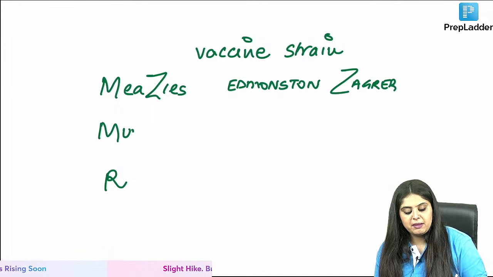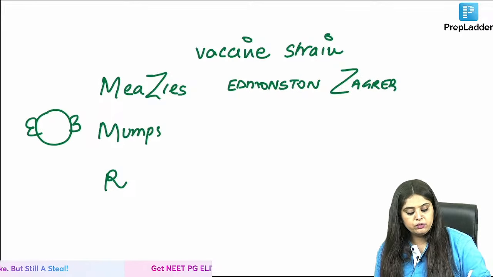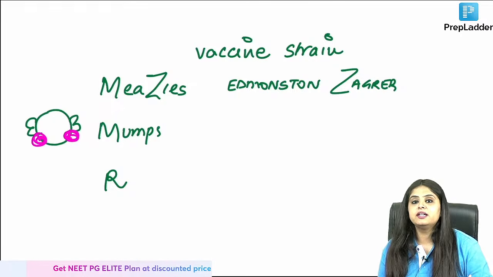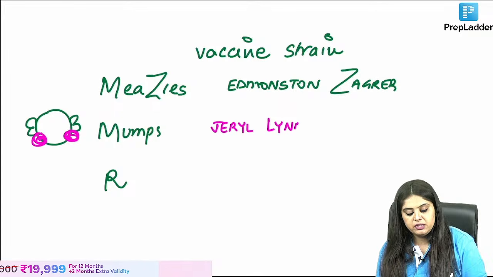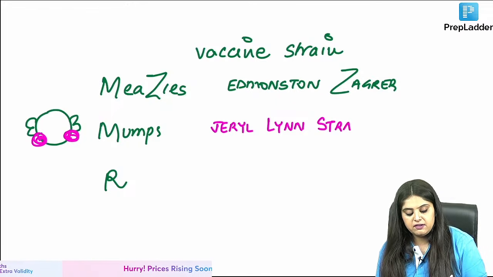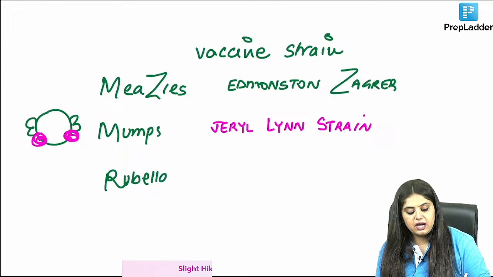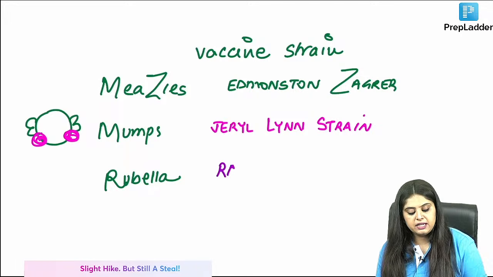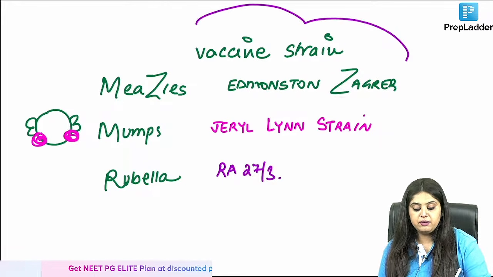Then for mumps, ma'am, in mumps we always remember that cute child who is going to have cute little bilateral parotid gland involvement. We named the cute child Jerry. So the name of the strain is going to be Jeryl Lynn strain. Very, very good. Then comes rubella. The way you write rubella is R for R. The name of the strain is going to be RA 27/3, which is amazing again. These strains will help you a lot.